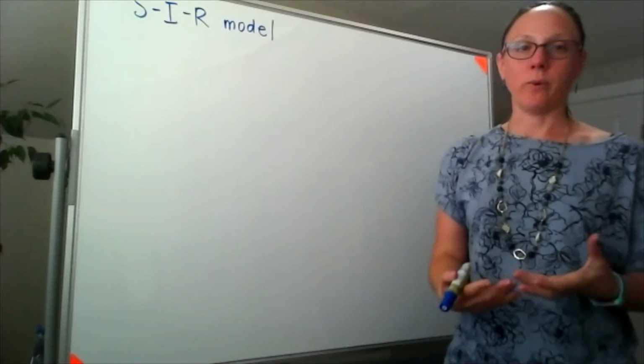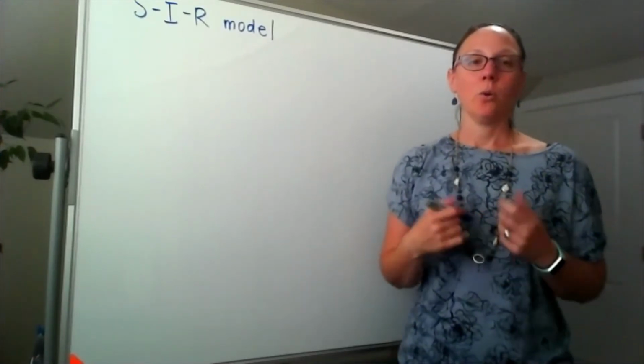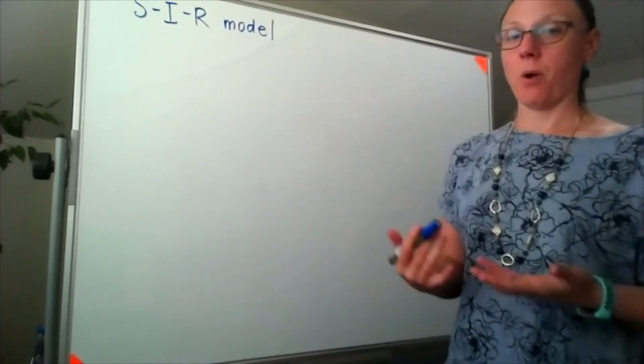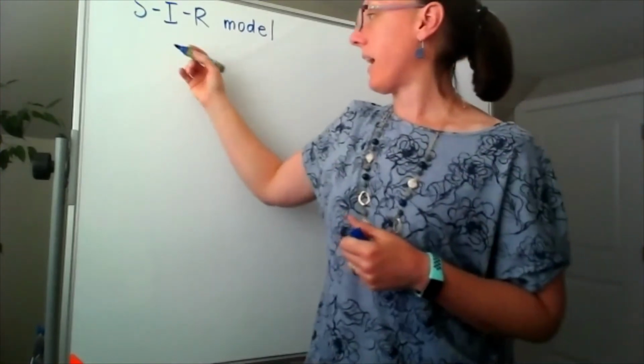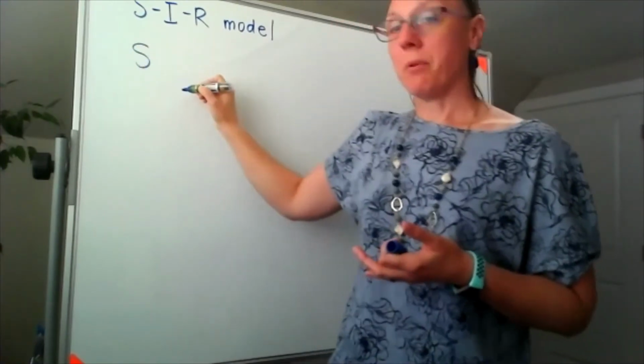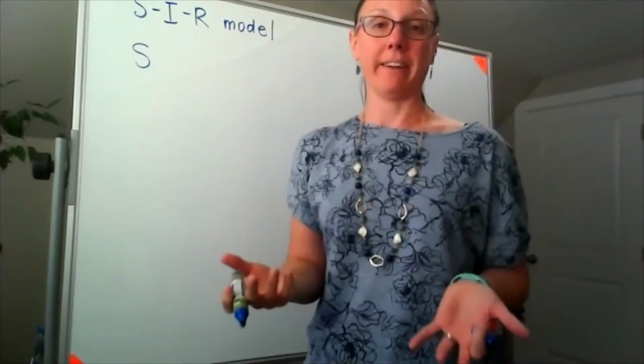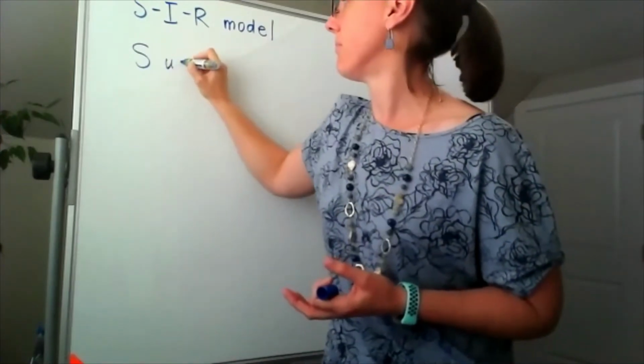The whole idea with the SIR model is that we're assuming that we have some population, and in that population, some people fall under the group of being susceptible, meaning they might get infected by something.